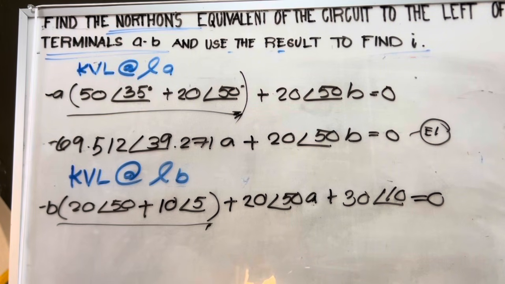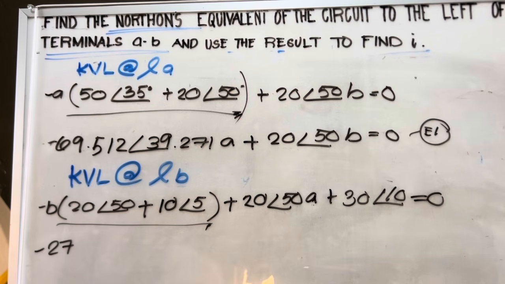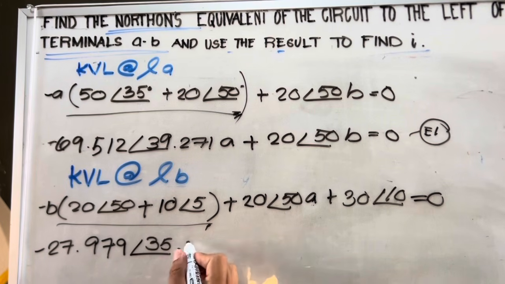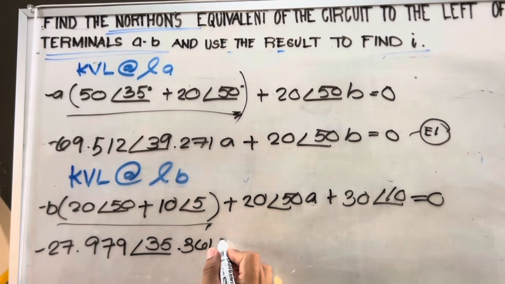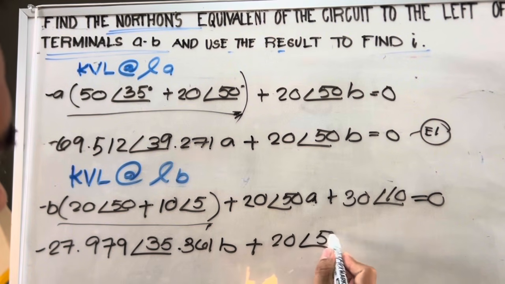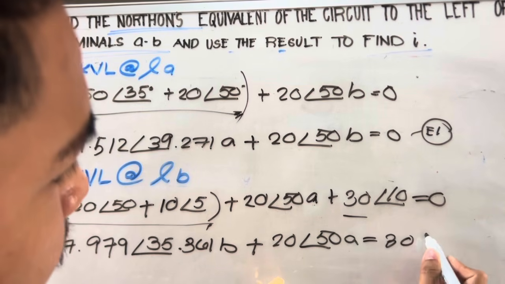Computing this again, we will have negative 27.979 angle of 35.361 times B plus 20 angle of 50 times A is equal to this one, 30 angle of 10.